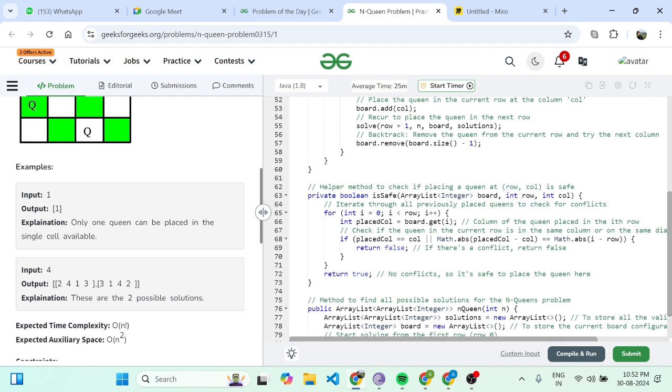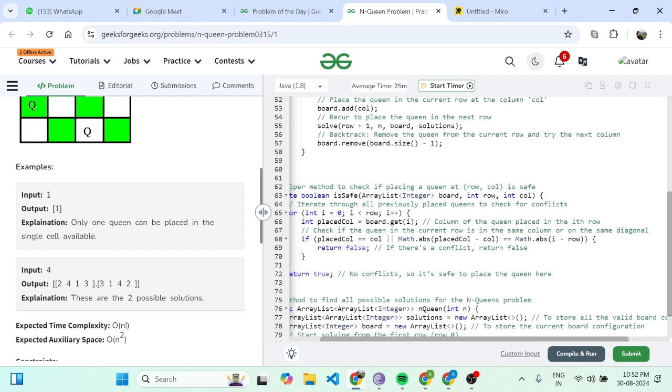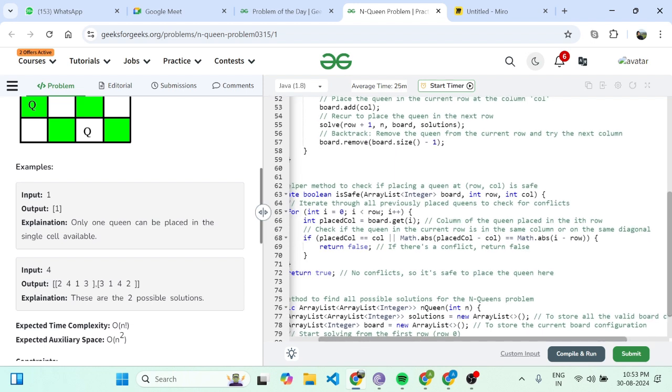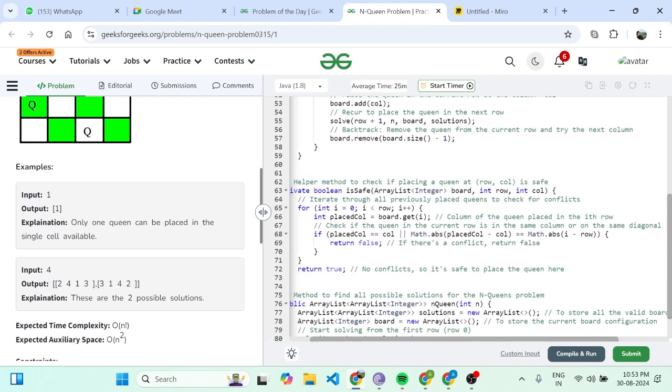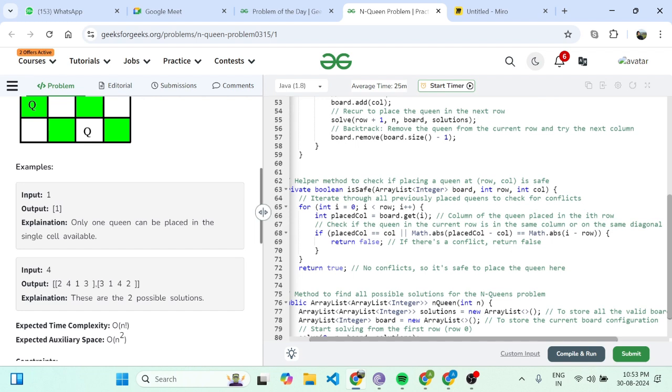Now let us try to understand why we did that placed column equals column check over here, or the Math.abs value. If I carefully check, I'm retrieving the column index of the queen placed in the ith row. We are checking whether the current row shares the same column as a previously placed queen.